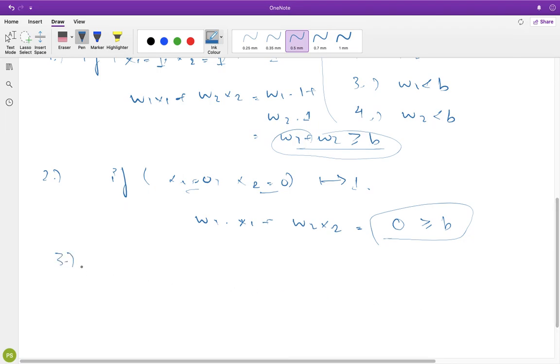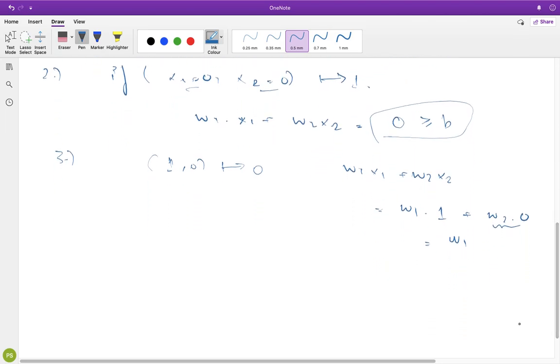The third inequality holds if 1 0 corresponds to 0, and this happens when w1 x1 plus w2 x2 is w1 times 1, as the first input is 1 and the second input is 0. So the second term gets nullified, and this equals w1. And for the perceptron to give 0, w1 has to be less than the bias.